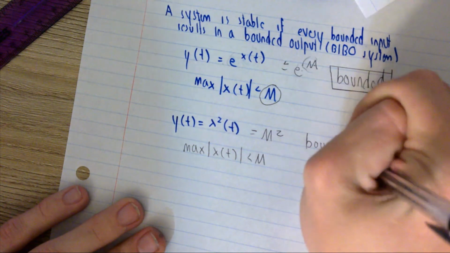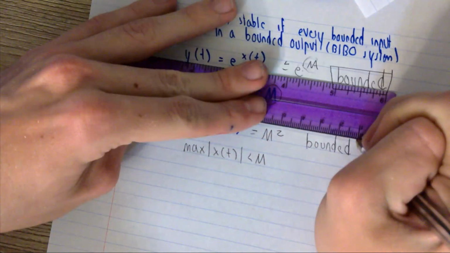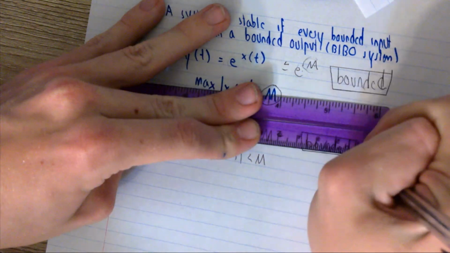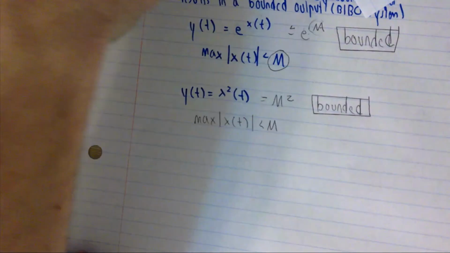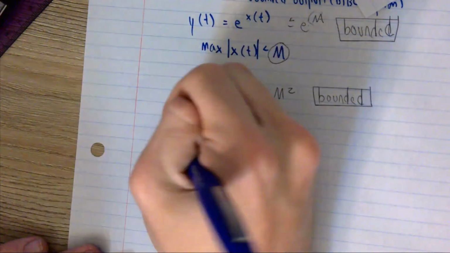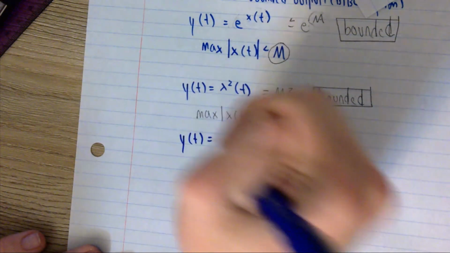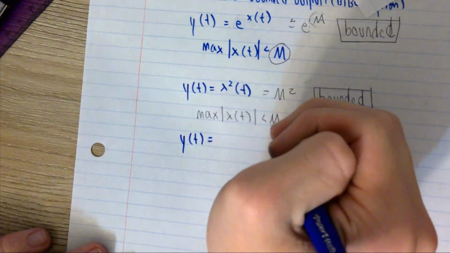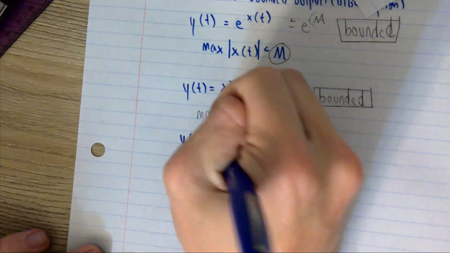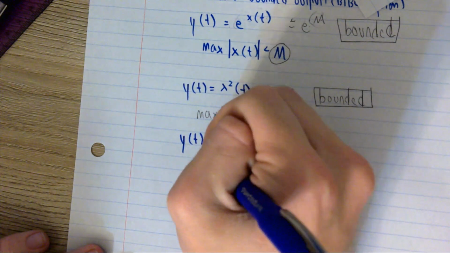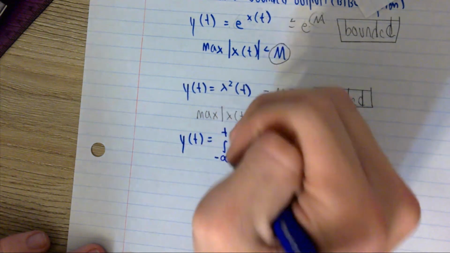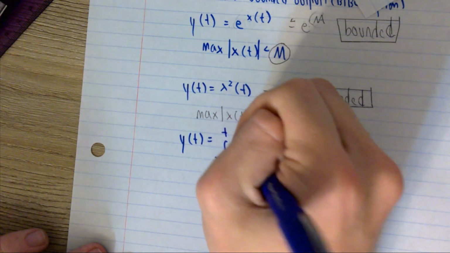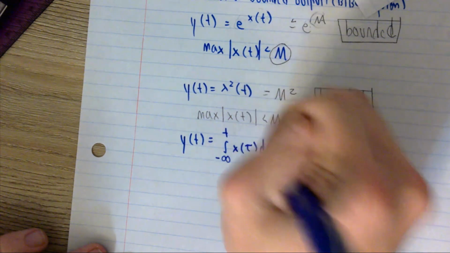Then the last one here is y of t equal to the integral from negative infinity to t of x of tau d tau.